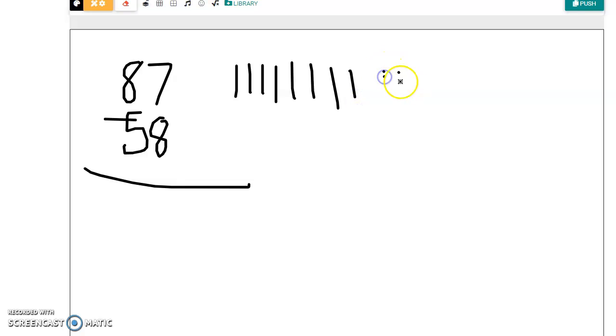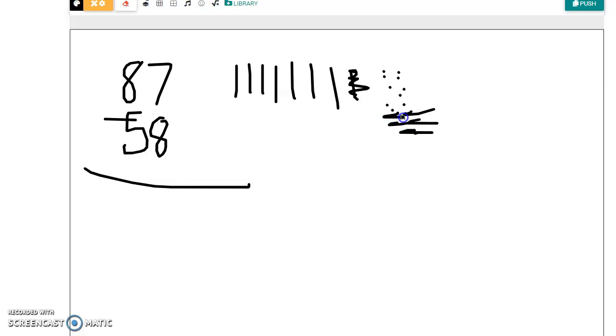And then I have 7 ones. Okay, I don't have enough ones to take that away, so I'm going to cross this off. And then I know I add 10 more ones. Okay, then I can take away my 8, so I can go ahead and cross this off.